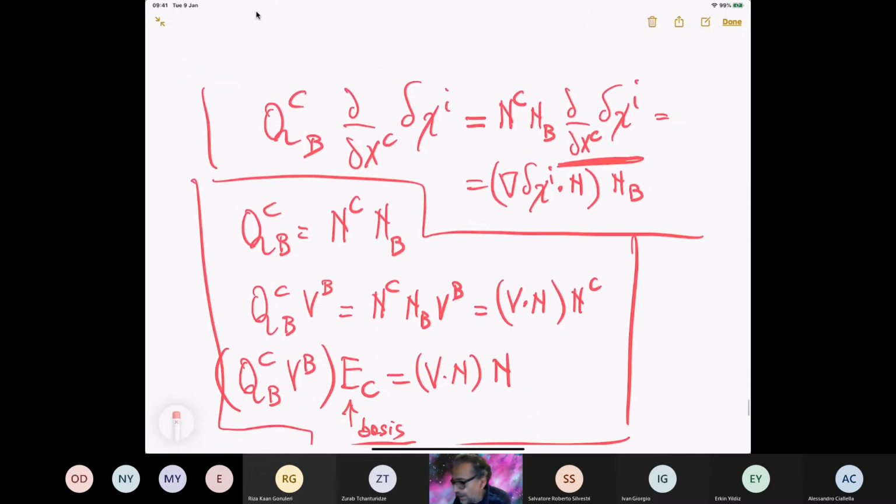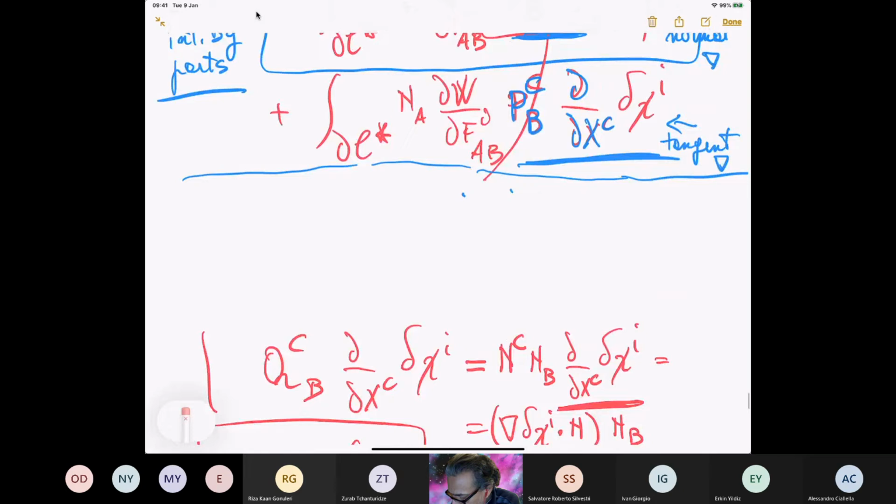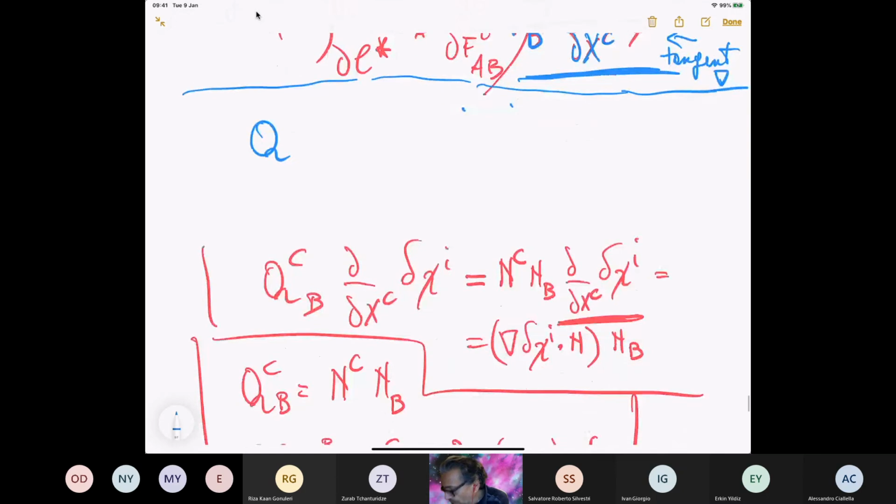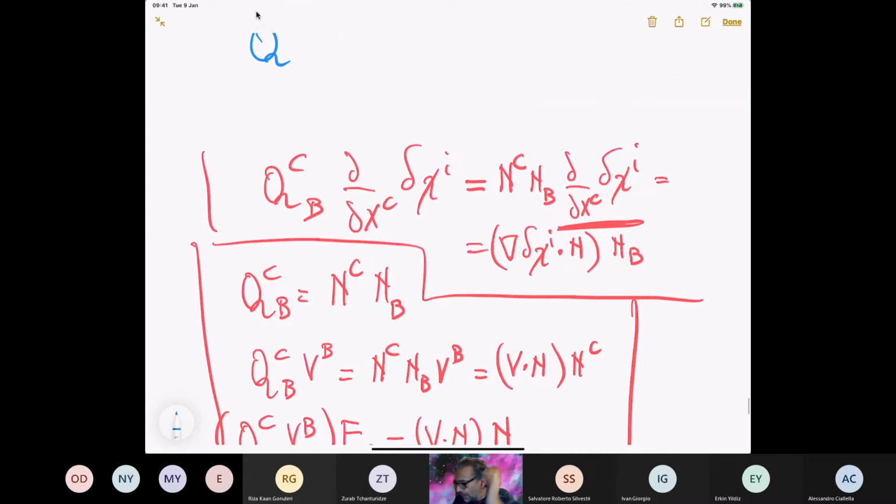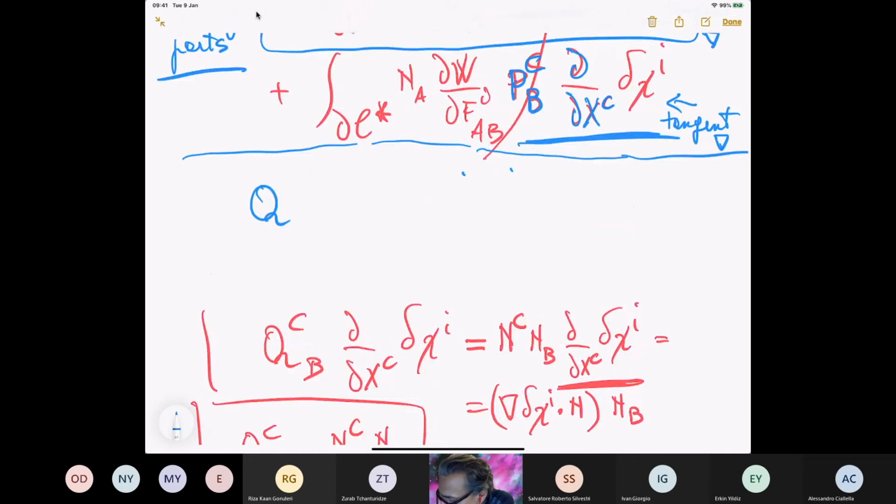Now, let us go back to our Q. I hope that you have enough linear algebra behind you. Otherwise, you will need to reconstruct a little bit these steps. Q of a vector v is the projection of the vector v along the normal n. So you have v dot n. This is by definition Qv.